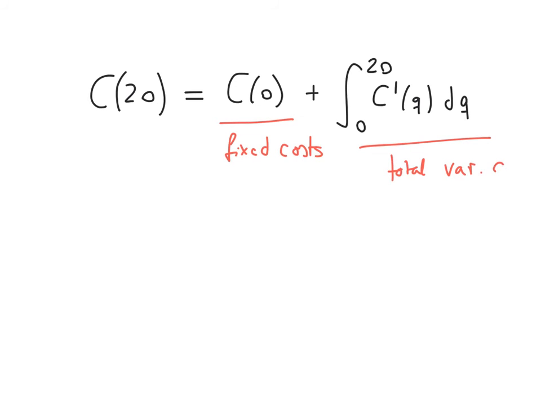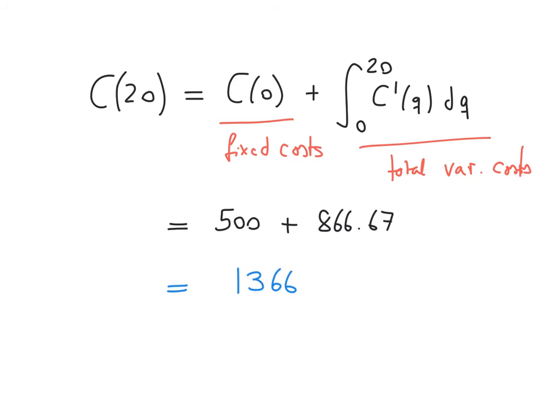Now we just plug in the numbers and we get 500 plus 866 2/3. So let me just write it as 0.67. And so the final answer would be 1366.67. And this would be the total cost in dollars for producing 20 units.